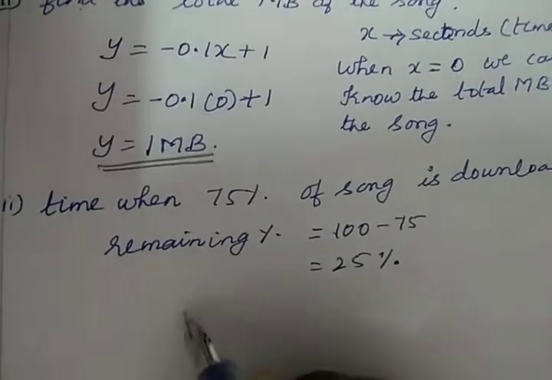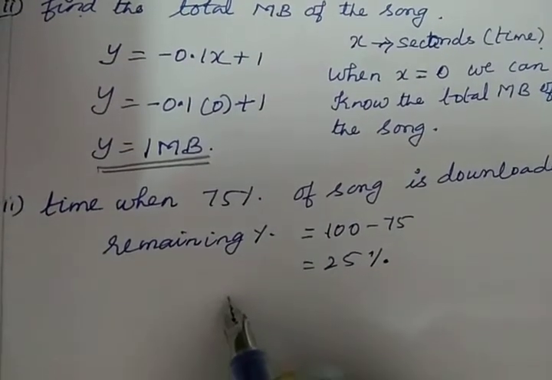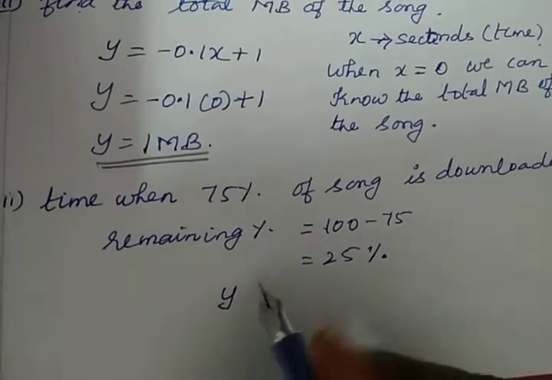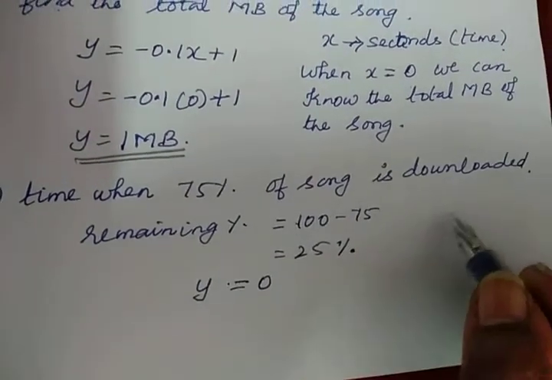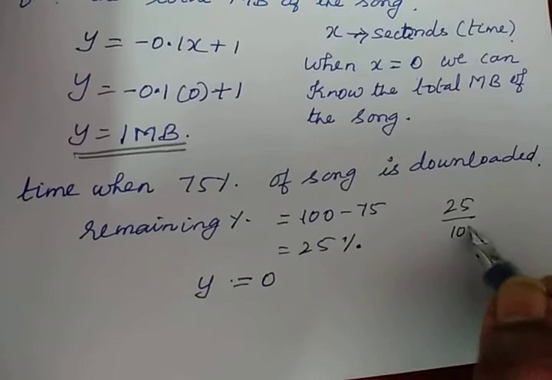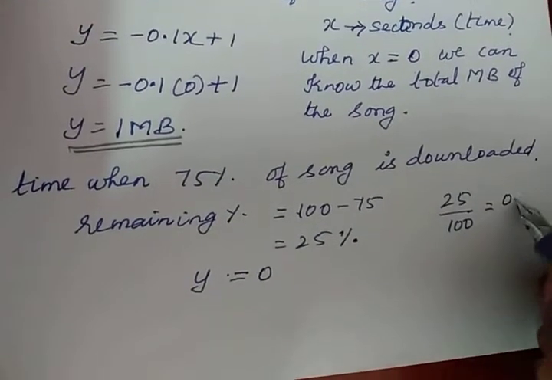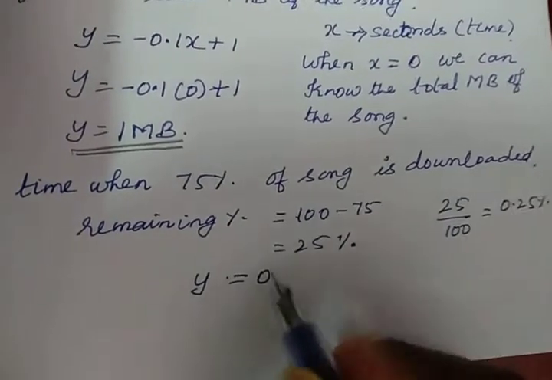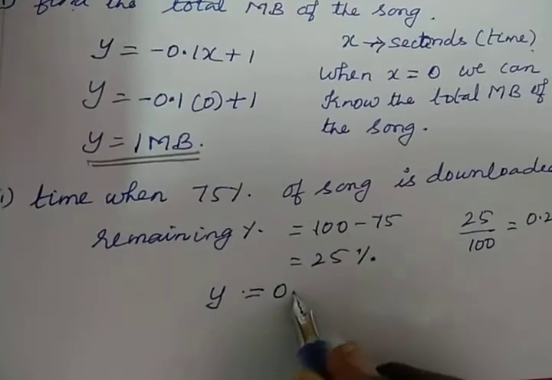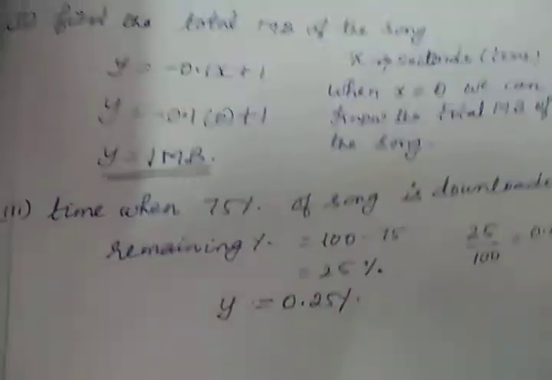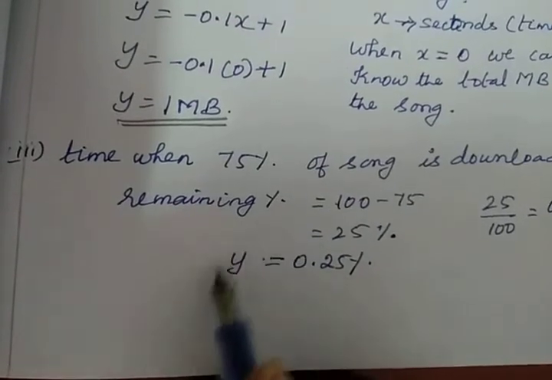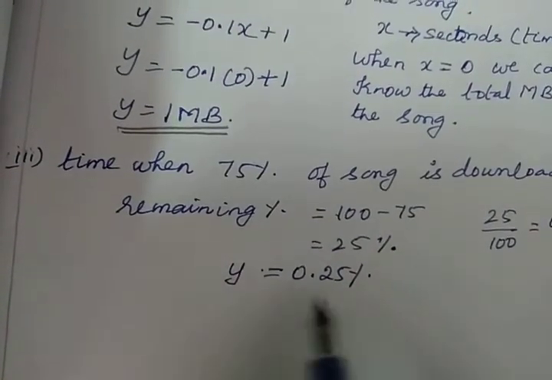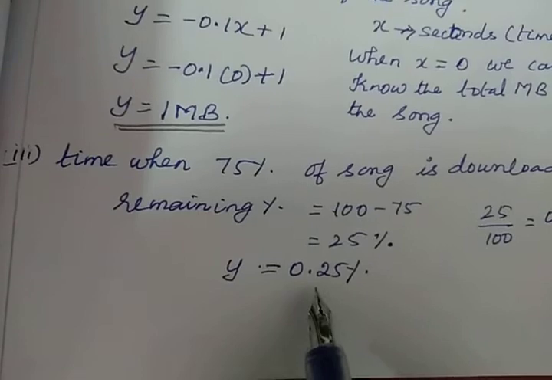So y is equal to 25 divided by 100, which will give you 0.25. So take this as y, because still 25% of the song must be downloaded.